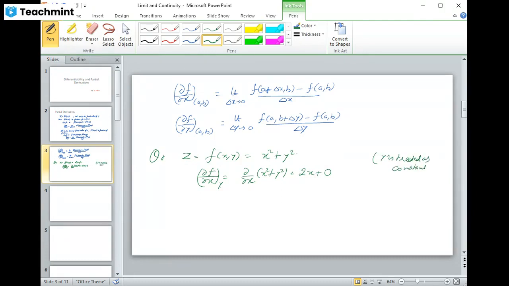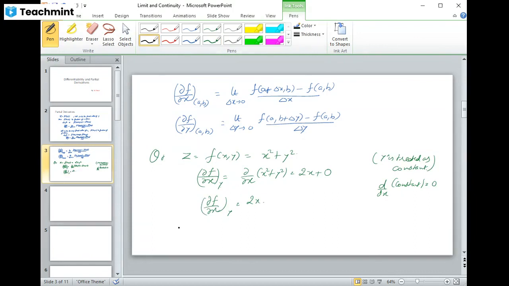We know that the derivative of a constant is 0, so that's the reason the derivative of y square is 0. So what does it mean? Curly f upon curly x, with y constant, comes out to be 2x only.